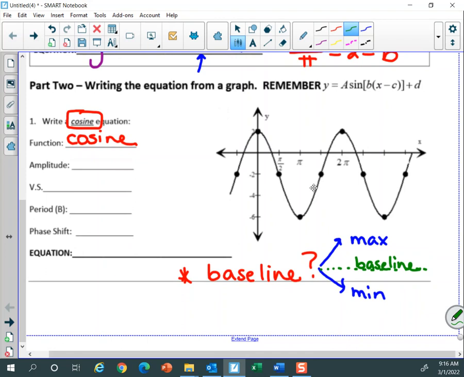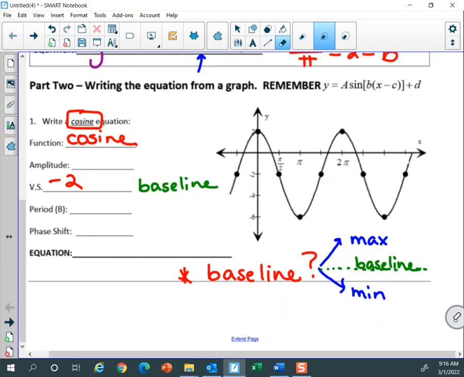So when I see this, I can see a baseline right there, which Miss Schweitzer made some really pretty notes for us here. Miss Schweitzer labeled it as VS, vertical shift. I see that at -2. I think that's nicely indicated on this particular graph.